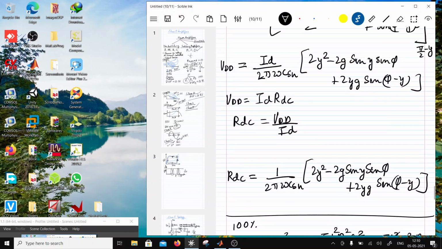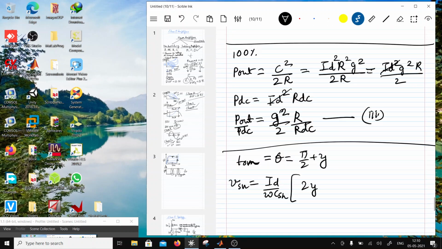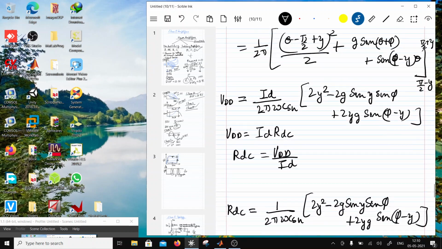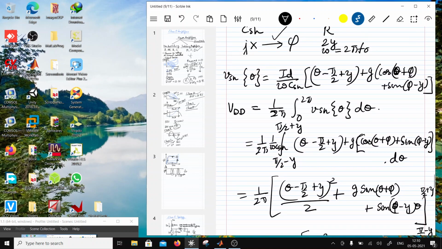The next thing I am going to have is VSH, the G cos of theta plus phi, right? And theta is pi by 2 plus y. So cos will become minus sine.